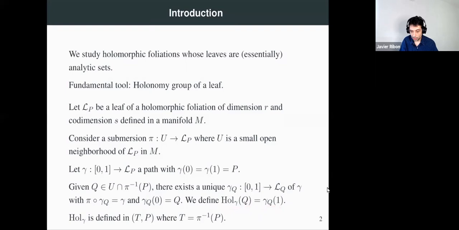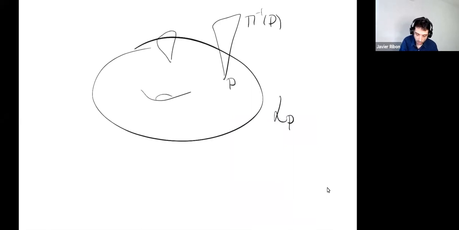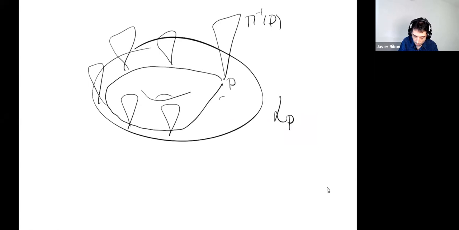Okay, I understand that maybe this is confusing, but if you have, for instance, something like this, that could be pi minus 1 of P, this could be P, this could be the leaf. Here we have the other fibers of the submersion, and here we can have, for instance, gamma.